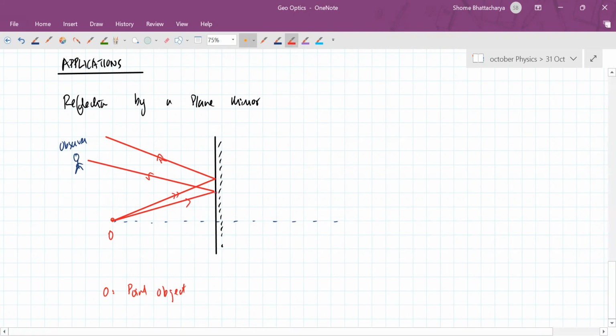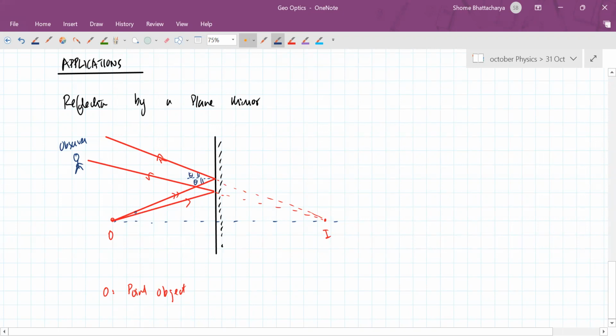So if you produce such reflected rays back, they show us that they appear to be coming from a virtual point behind the mirror, which is at the same distance as this one is in front. Okay. So if you see here, this angle, let's say theta, is equal to this angle theta.